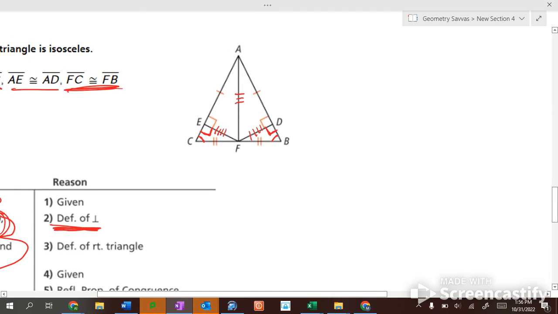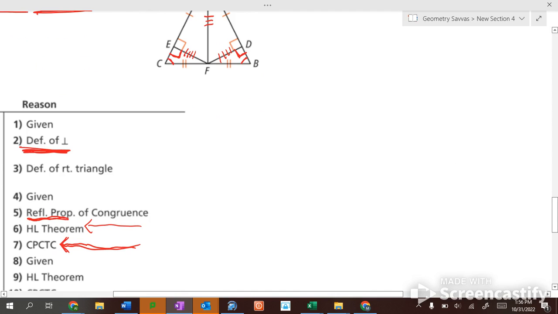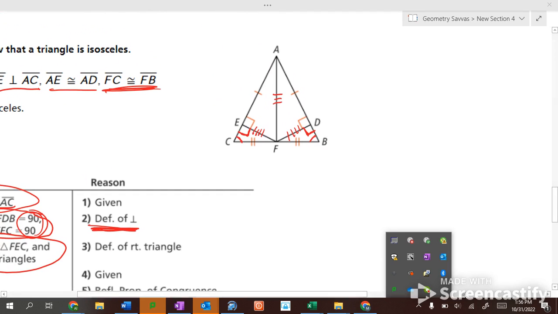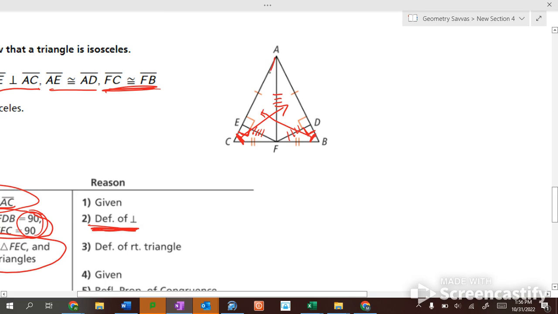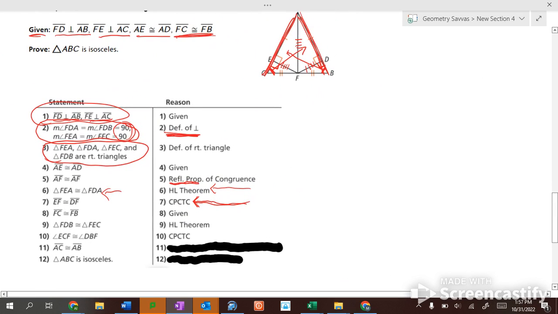And then the isosceles triangle theorem says if this angle down here is congruent to this angle right here, then this whole side here is congruent to this whole side here. So AC is congruent to AB by the isosceles triangle theorem.